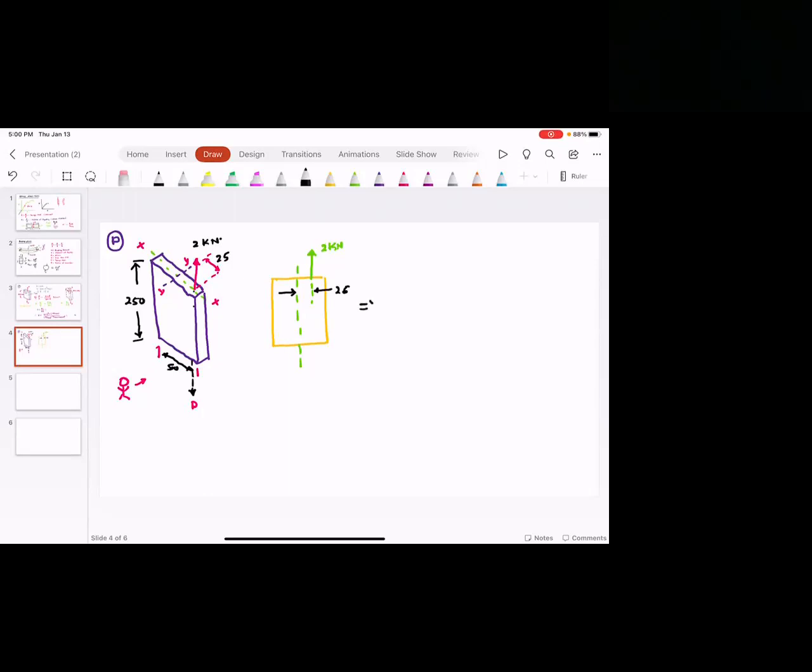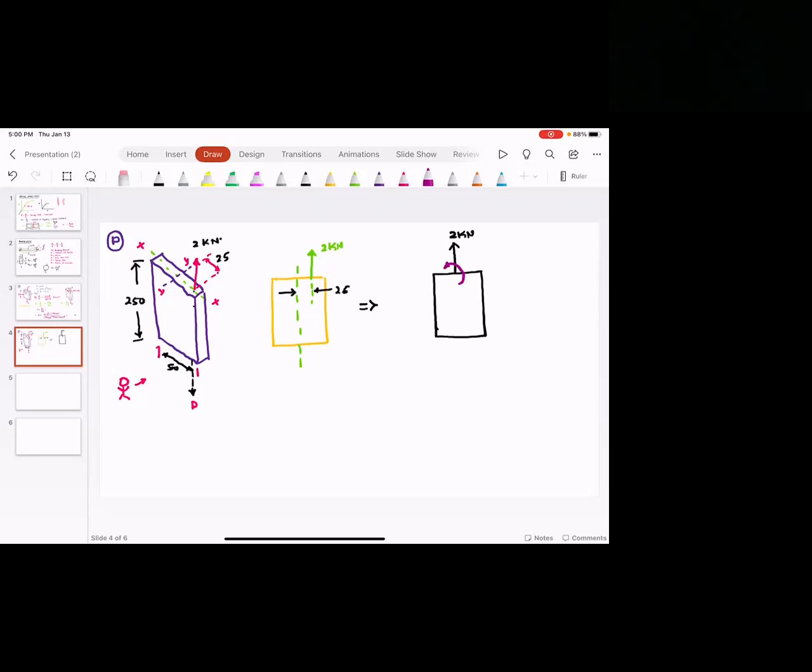So this can be represented as if the load is going to the center line and there is a moment like this.